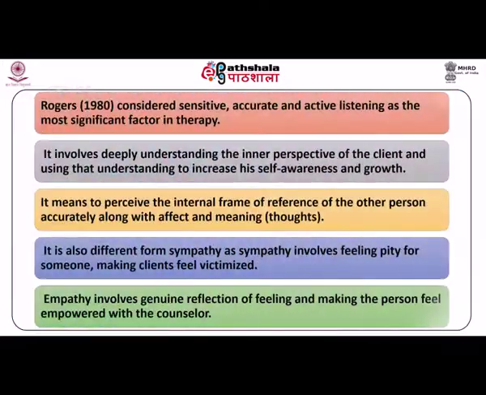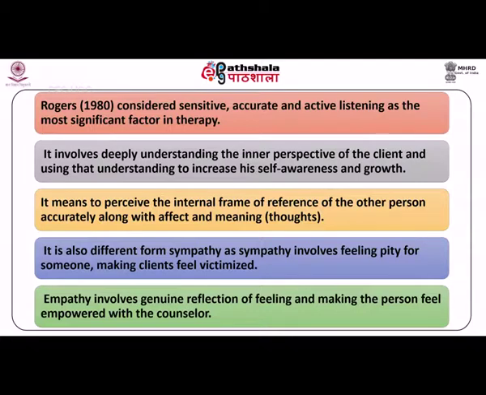as it is required for all therapeutic work. Rogers in 1980 considered sensitive, accurate, and active listening as the most significant factor in therapy. It involves deeply understanding the inner perspective of the client and using that understanding to increase his self-awareness and growth.